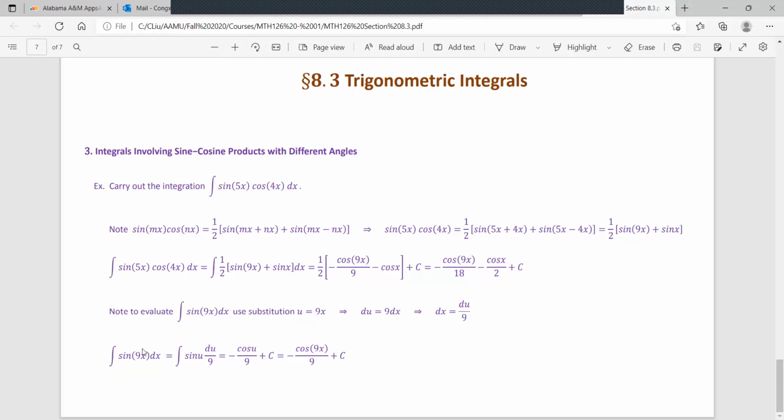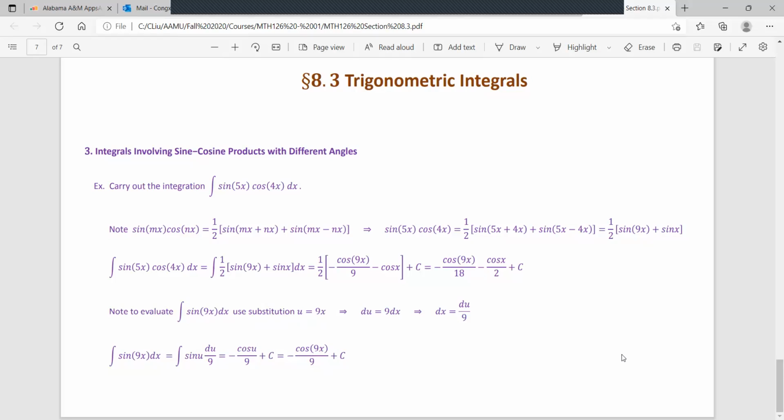So just replace 9x by u and dx by du over 9. So we get sine u du over 9. Basically, just integrate sine u, you get negative cosine u, then divide by 9 and plus c. So u is just 9x, and that's equal to negative cosine 9x over 9 plus c.